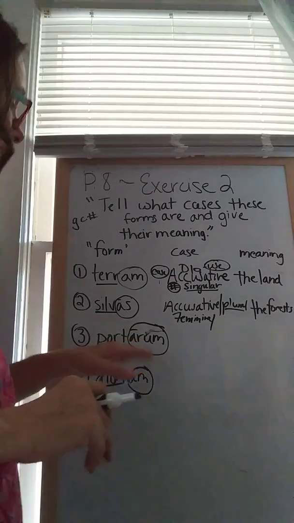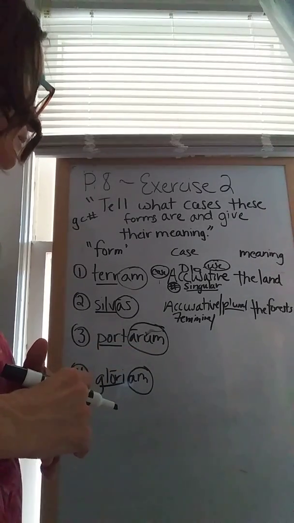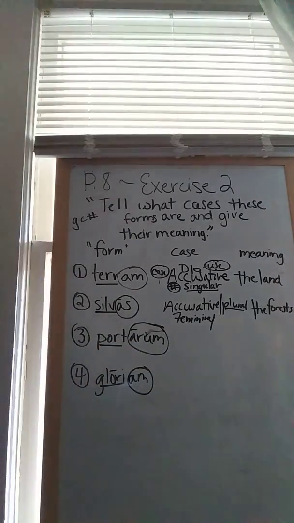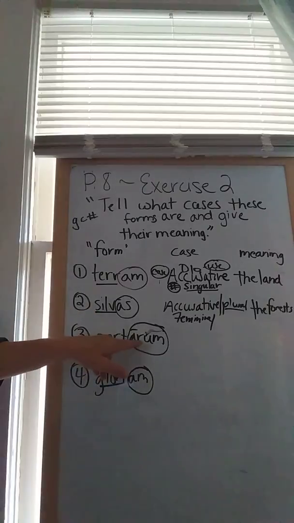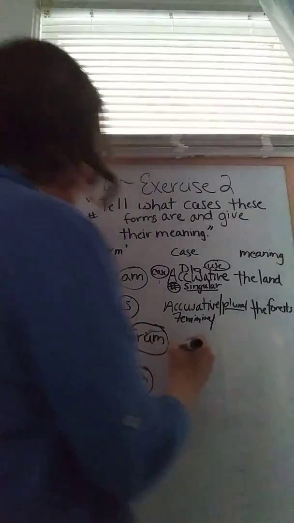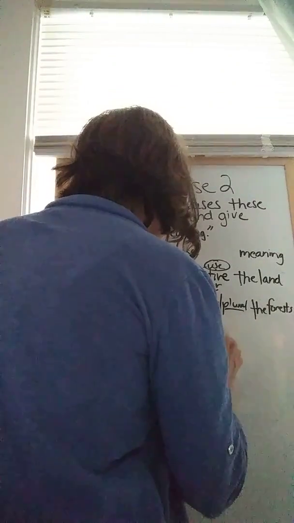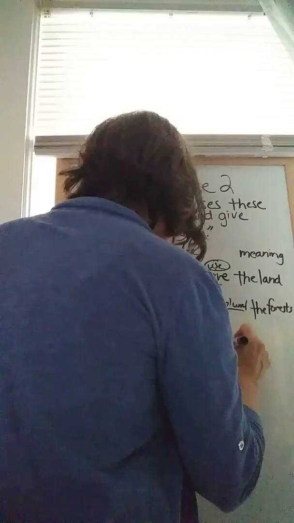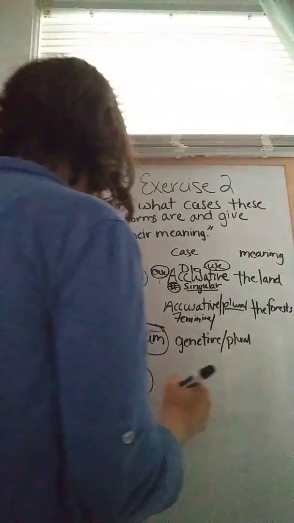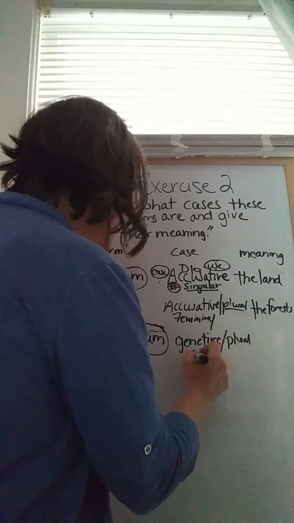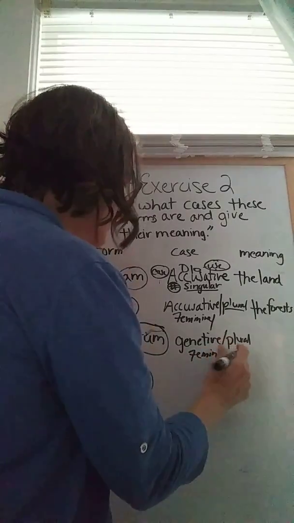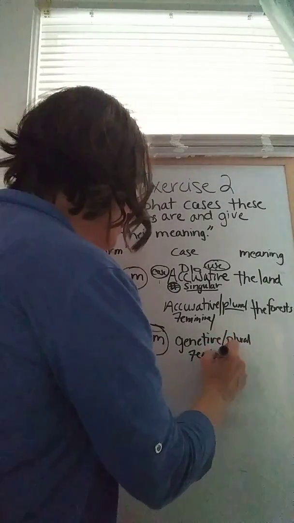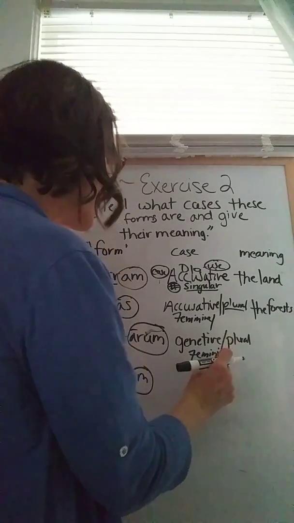The next word that we have is portarum. So if we look at our books on page 5, we will see that this ending tells us that the case is genitive plural. We know that this is a feminine word because it does not name an individual male person.